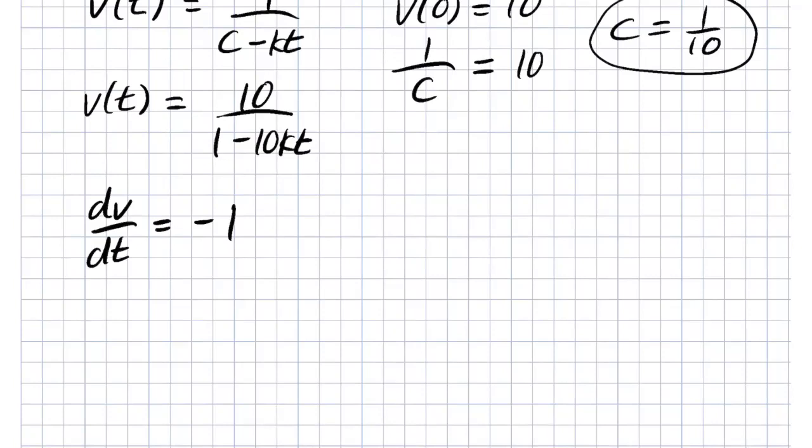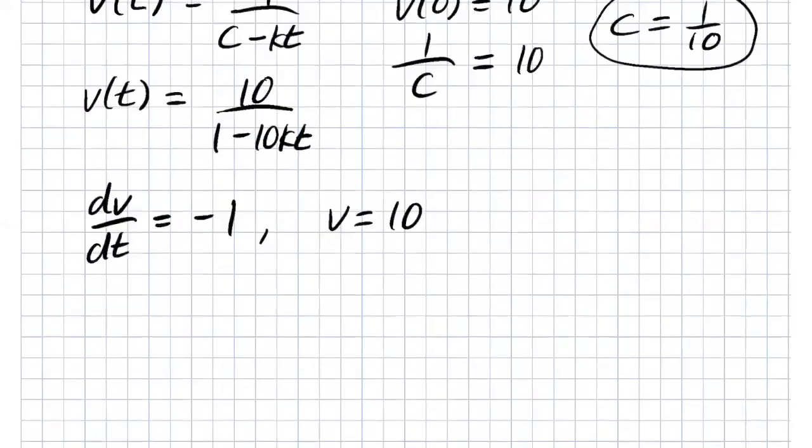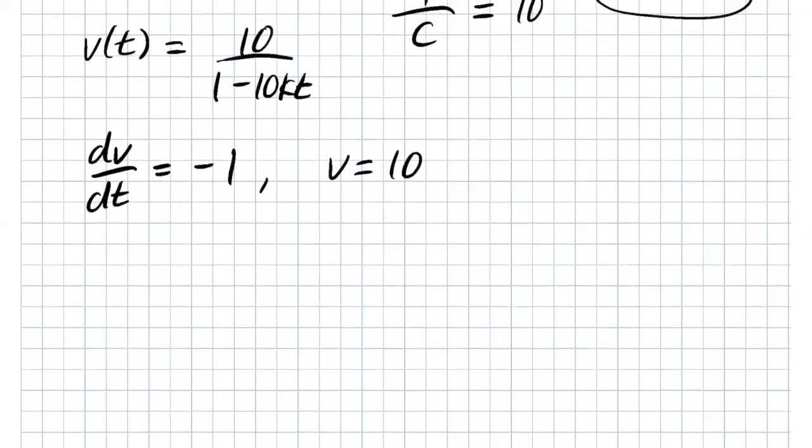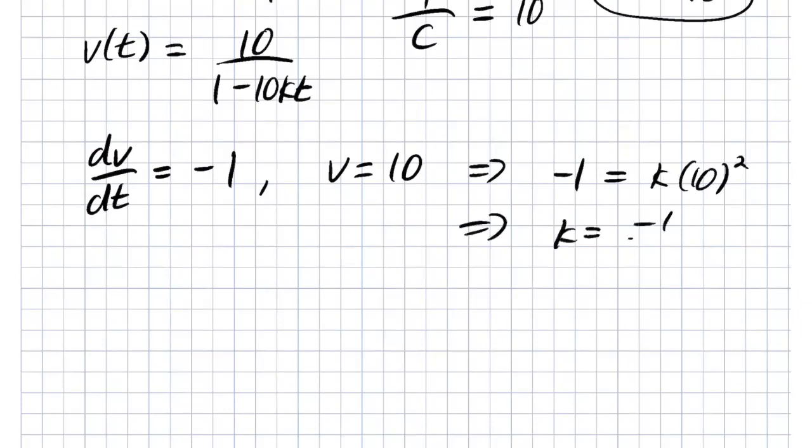So that means the acceleration is -1 meters per second squared because it's decreasing. And we also know that v is equal to 10 at that moment, right? 10, yes. And so let's just plug that into our differential equation. So we have -1 is equal to k times v squared. So that means that k is going to be -1 over 100.